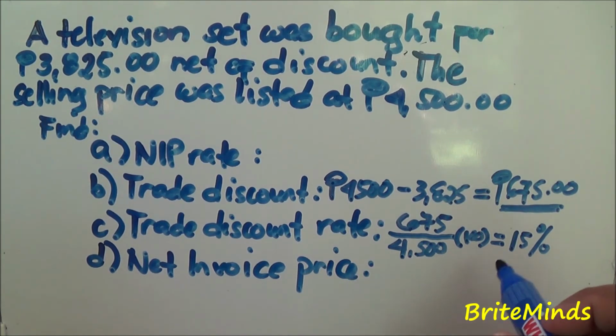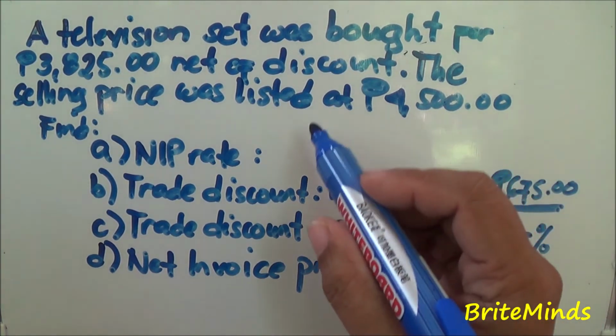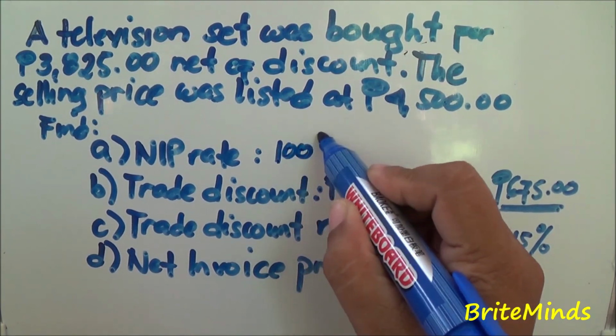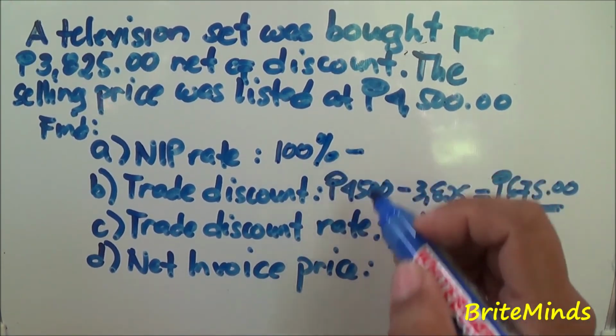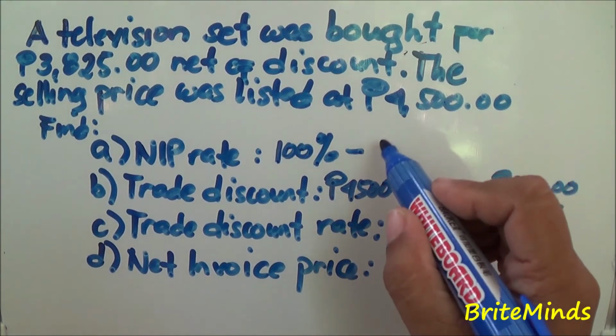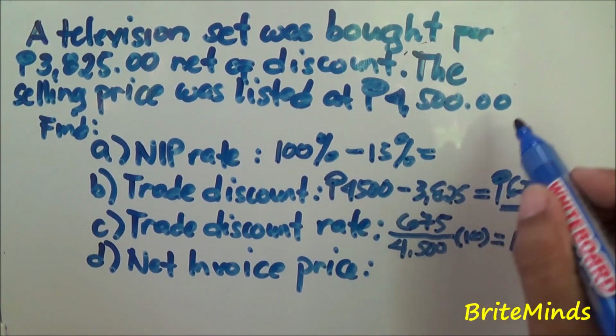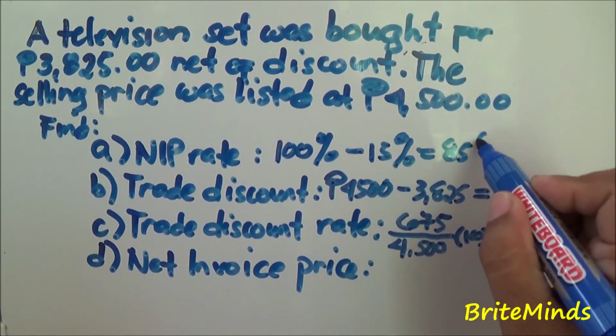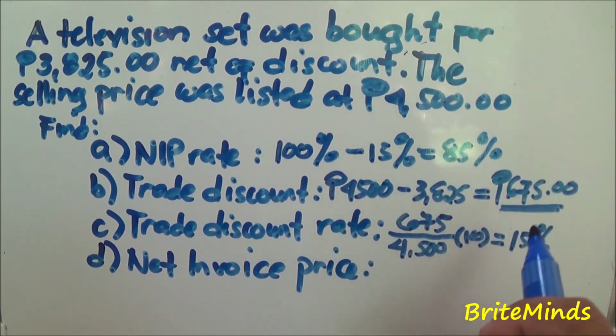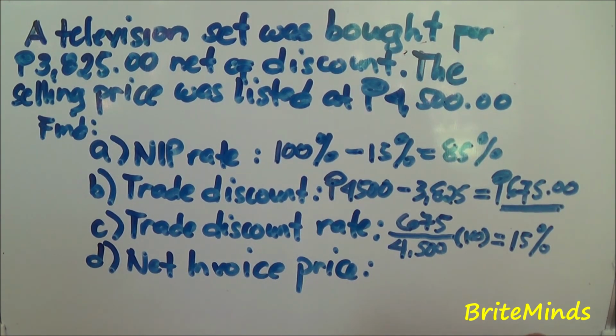So now we have the discount rate, so we can solve for the NIP rate. So 100% less the discount rate of 15%. So the NIP rate is 85%. So how do we solve for the net invoice price?